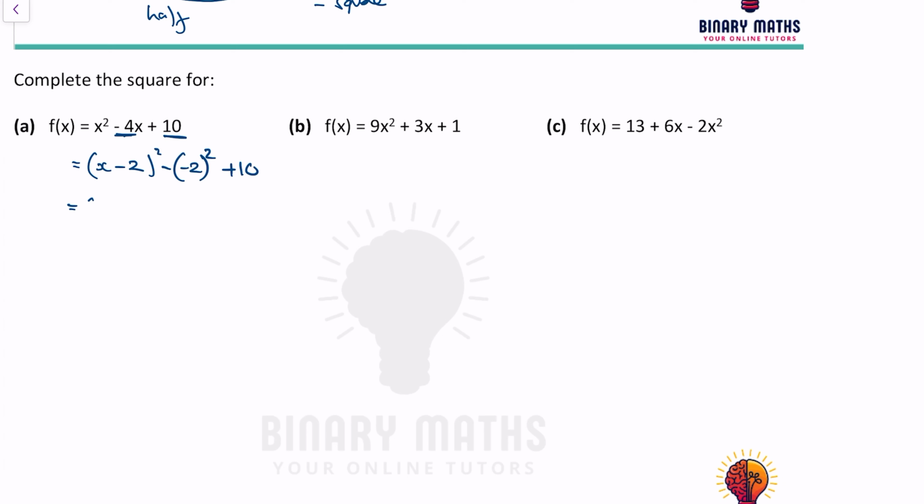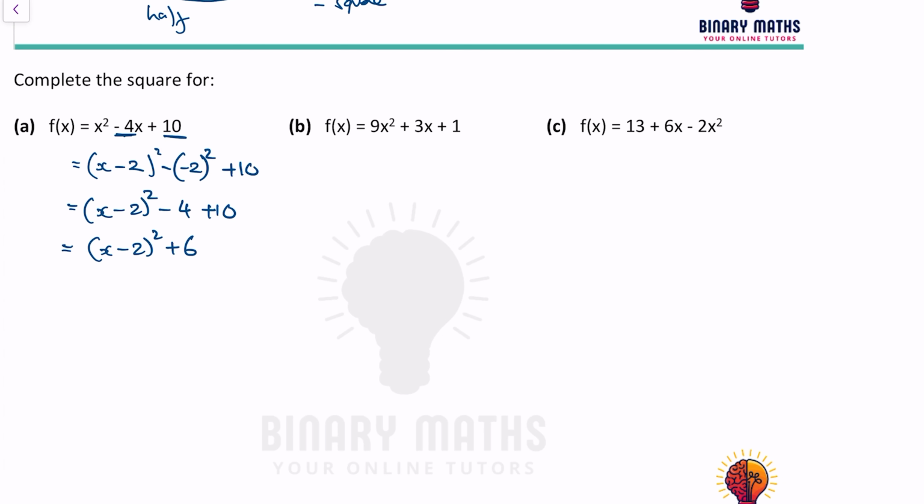If I simplify it, I get (x - 2) squared, take away (-2) squared, which is 4, plus 10, which gives me (x - 2) squared plus 6. And that's in completing the square format, because I've got a square number plus something.